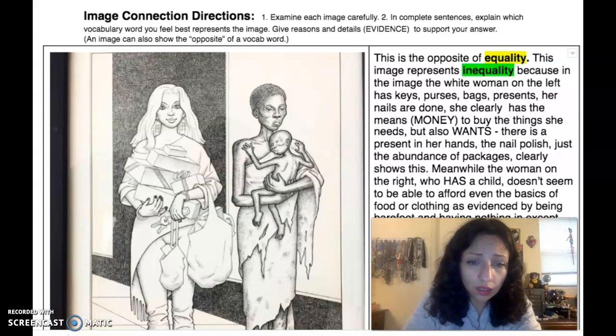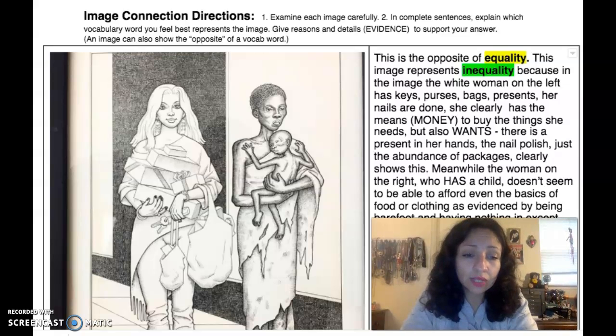You can tell they struggle to eat based on the way the artist shows their hollow cheeks and thin limbs.